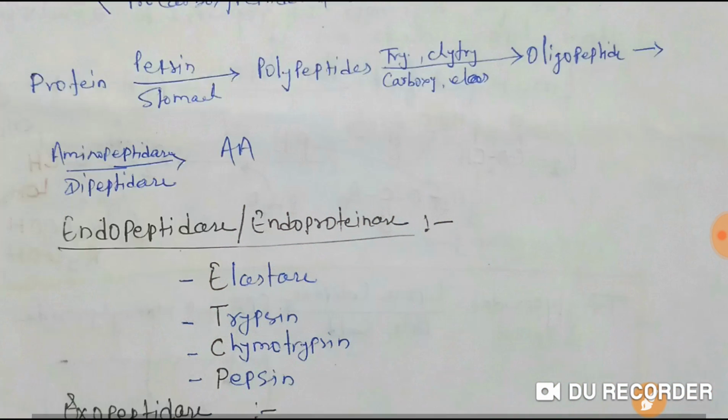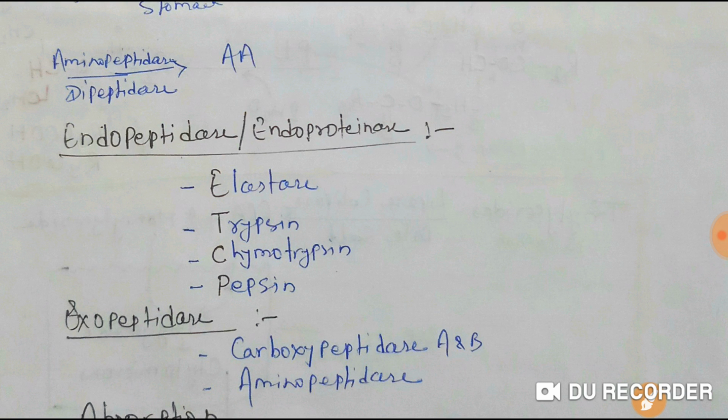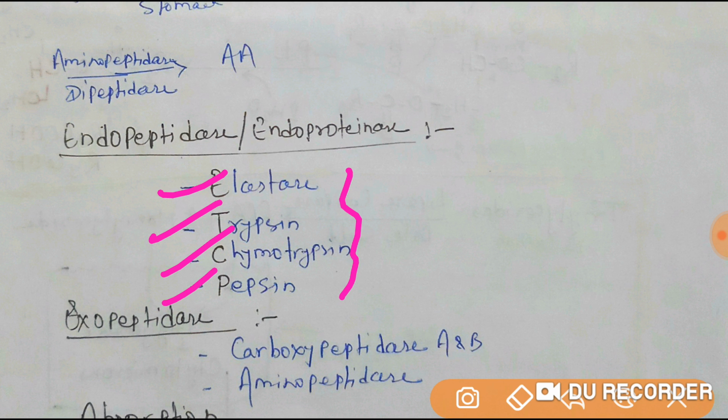The endopeptidases or endoproteinases are elastase, trypsin, chymotrypsin and pepsin. These are known as endopeptidase or endoproteinase due to their nature of breaking the middle or inner peptide bond.